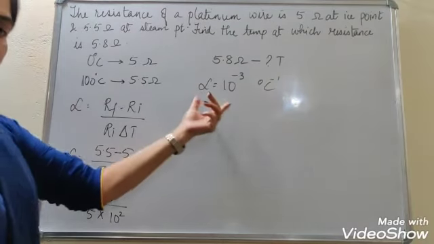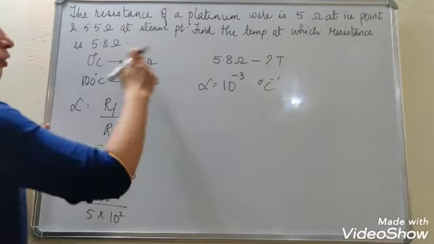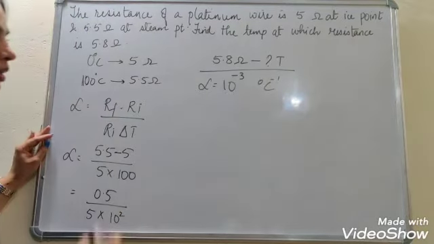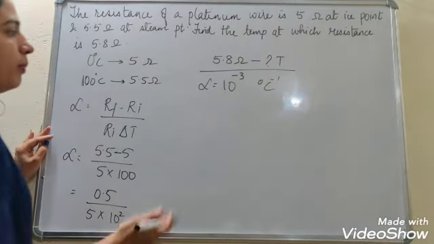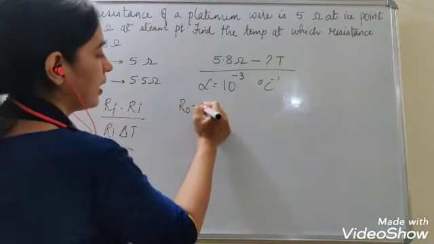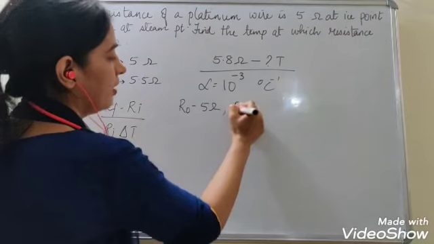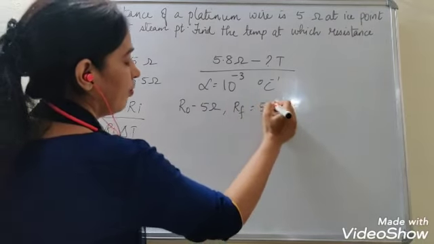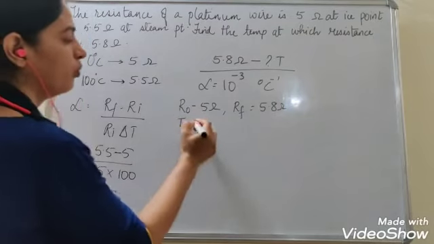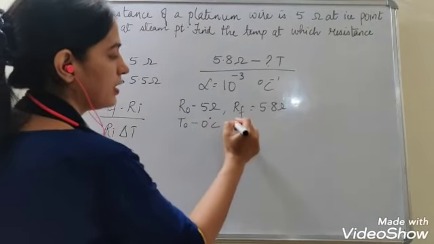So now we have alpha, we can find the temperature for 5.8 ohm. Considering the initial resistance as 5 ohm and final resistance as 5.8 ohm, the initial temperature for 5 ohm was 0 degrees Celsius.